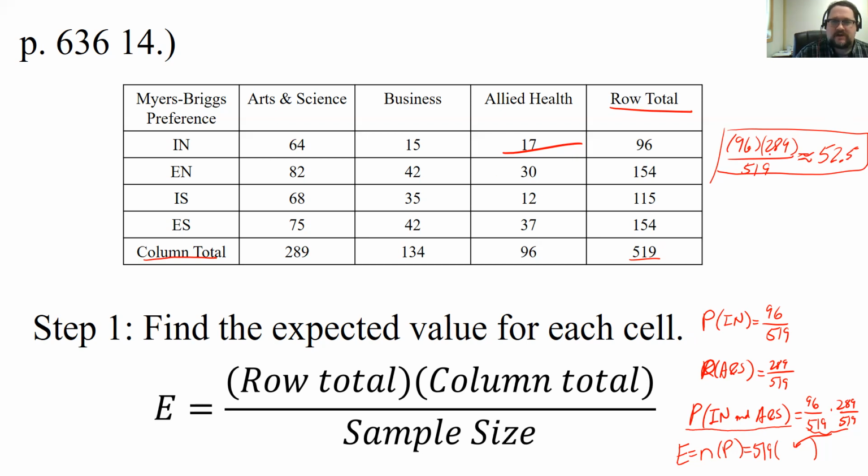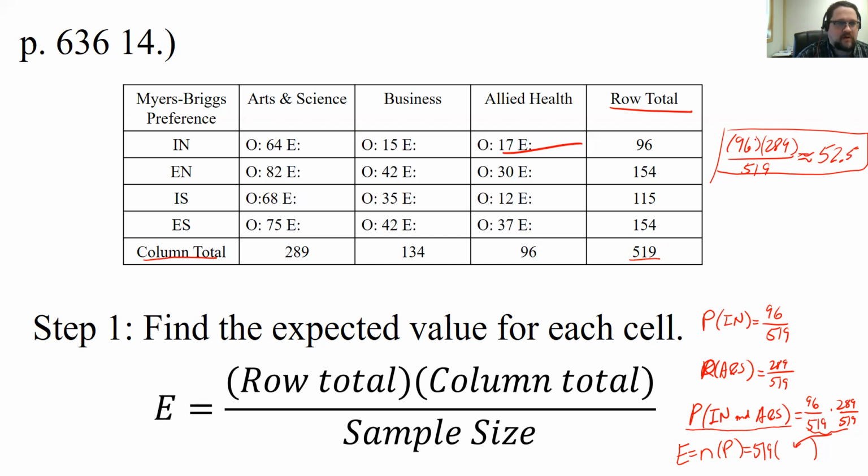But you just do that for each cell. So row total times column total, divided by the sample size. All right, so this first one, our expected value we said was 52.5. To go IN business, I would take 96 times 134 and divide that by 519.